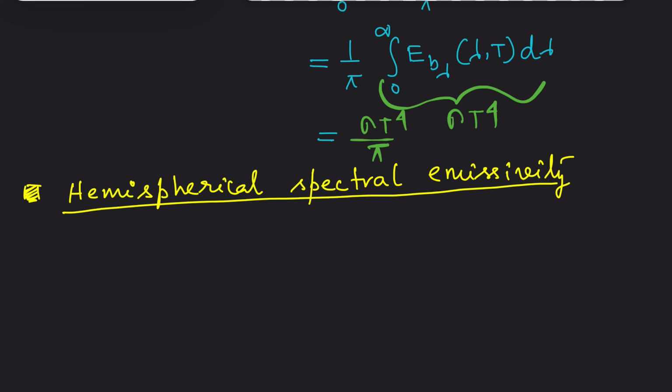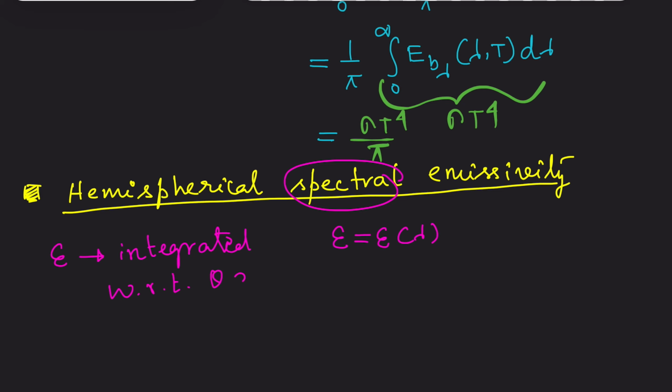So the moment you see spectral, that means you know epsilon is a function of lambda, and the moment you see hemispherical, that means this will be integrated with respect to theta and psi throughout the hemisphere, okay.